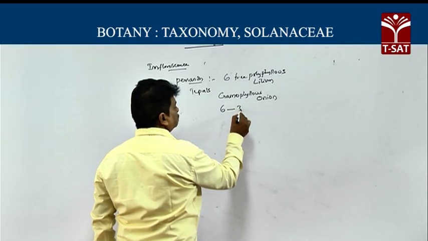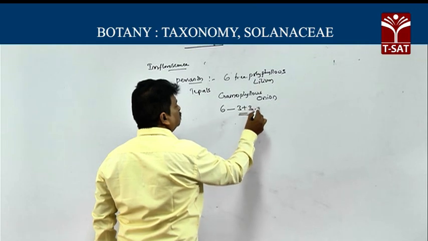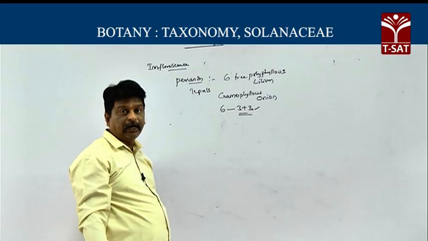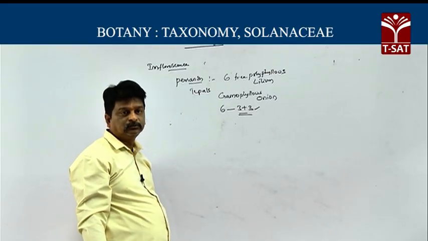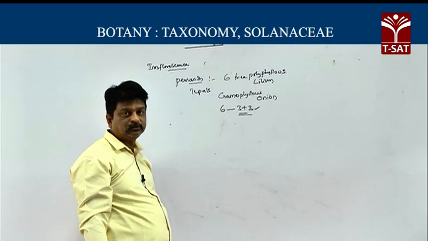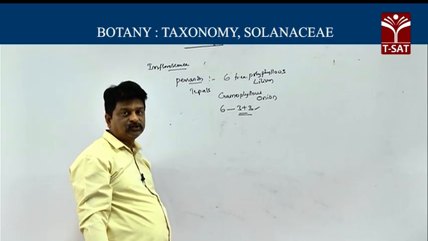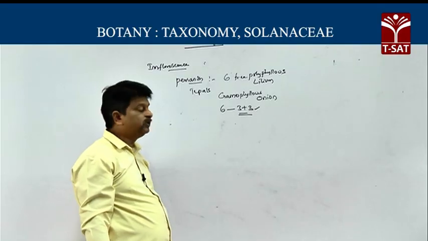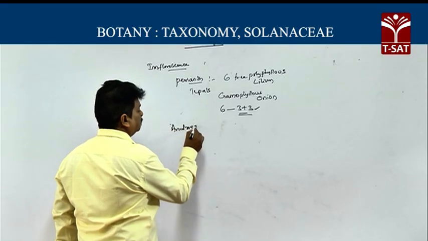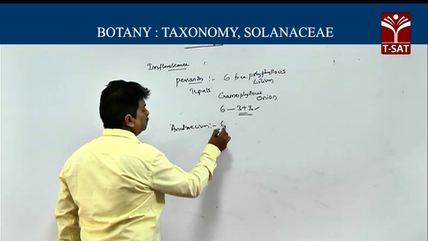They are 6 but arranged in 2 rows. Outer row odd tepal, anterior in position. Inner row odd tepal, posterior in position. Both rows show valvate aestivation. The next one, androecium.